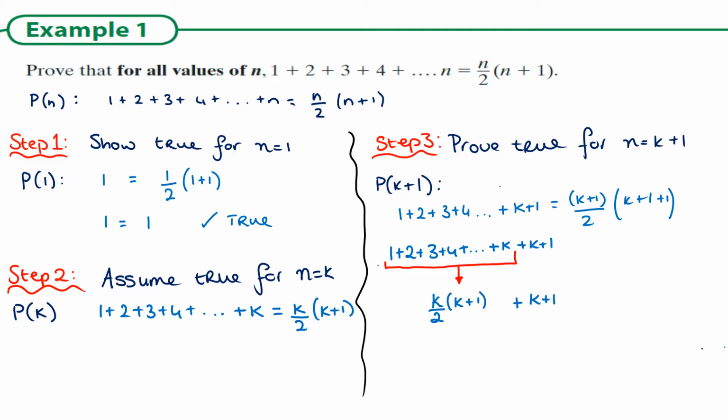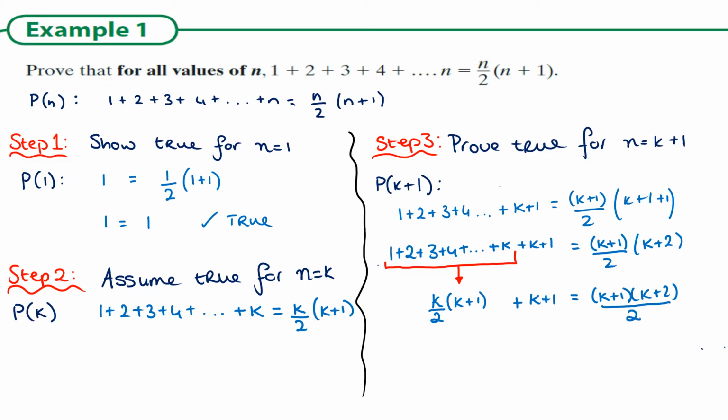So that allows us to work with what we already know and should make it so much easier to prove. I'm just going to clean this up a bit. k plus 2. So we get k plus 1 times k plus 2 all over 2.